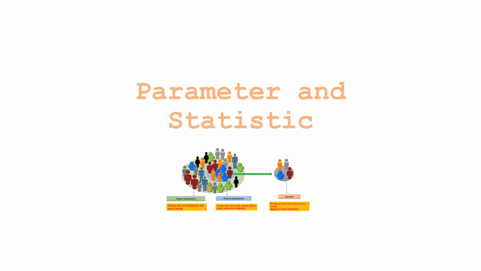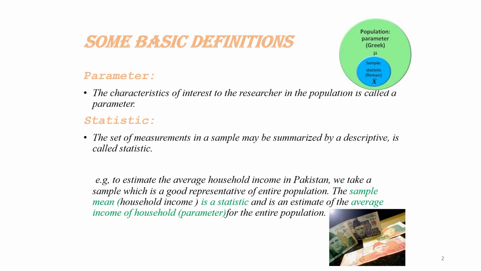Parameter and statistics. What is the difference between parameter and statistics? Parameter: the characteristic of interest to the researcher in the population is called a parameter. Statistics: the set of measurements in a sample may be summarized by descriptive measures, called a statistic.